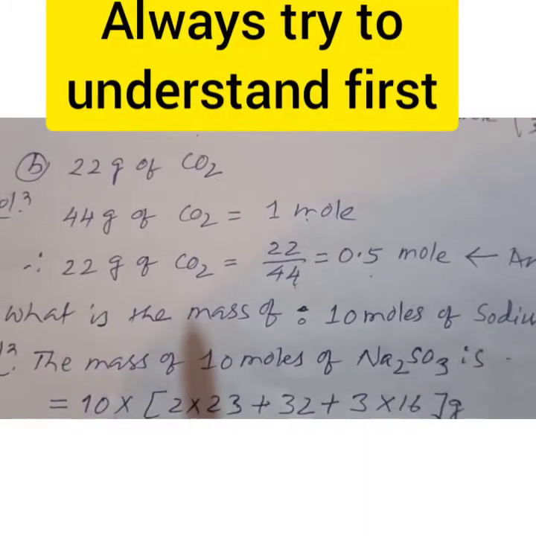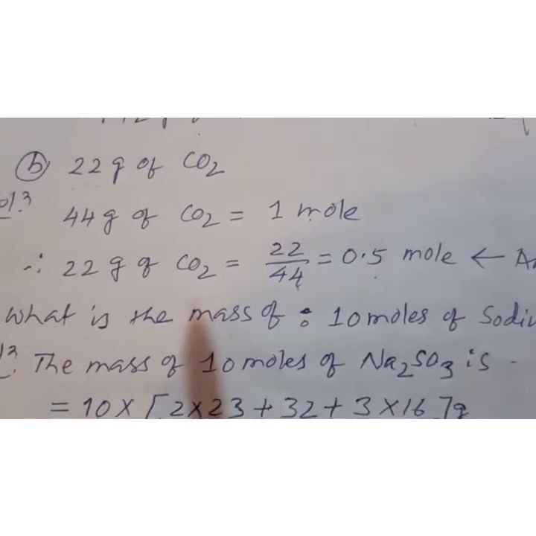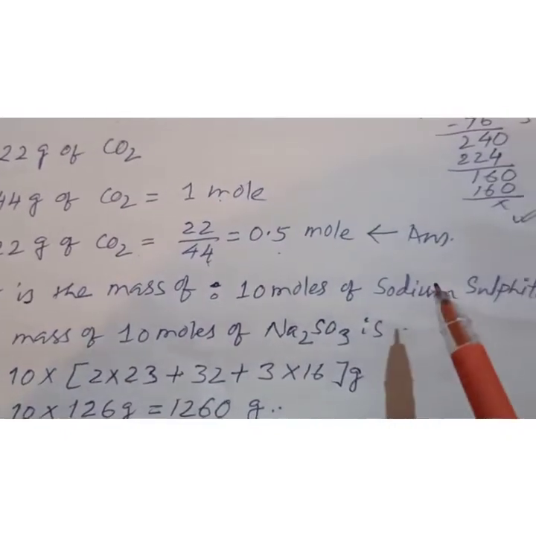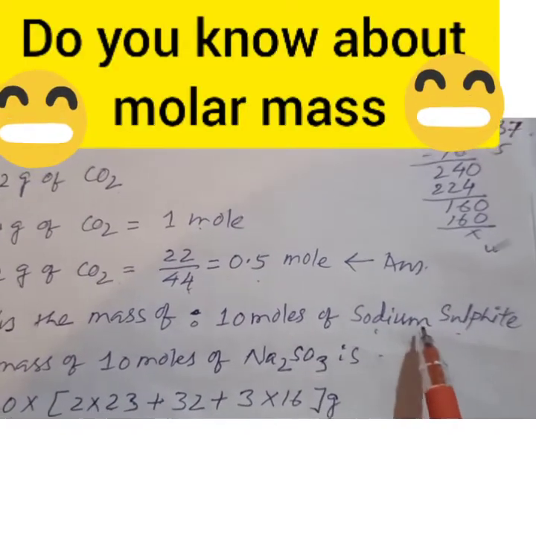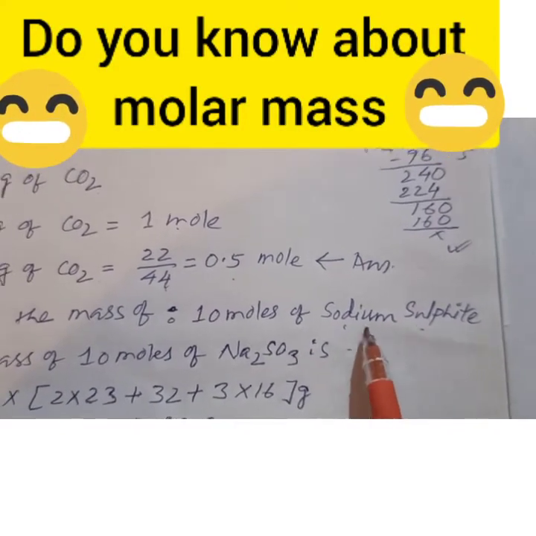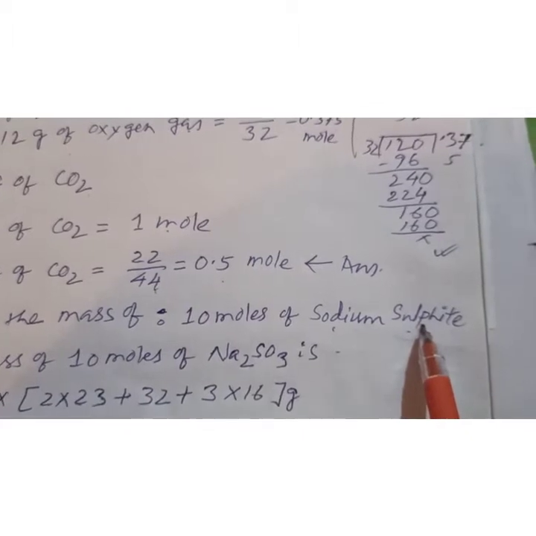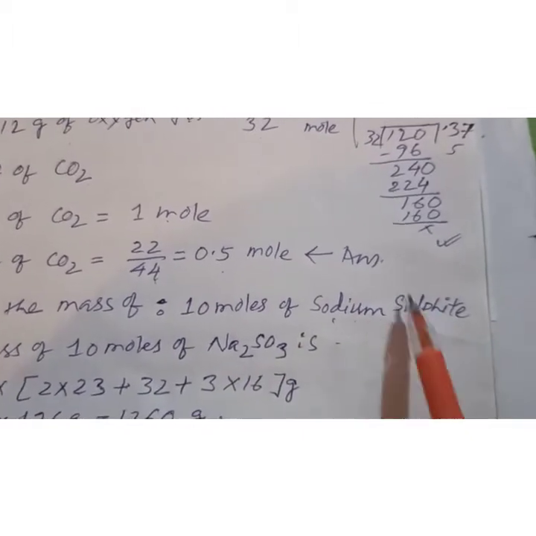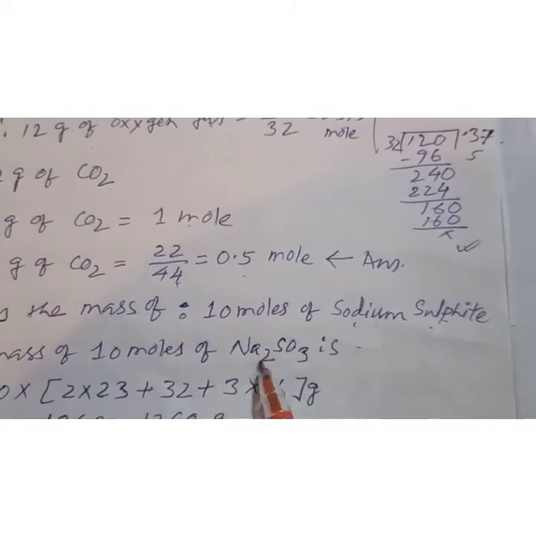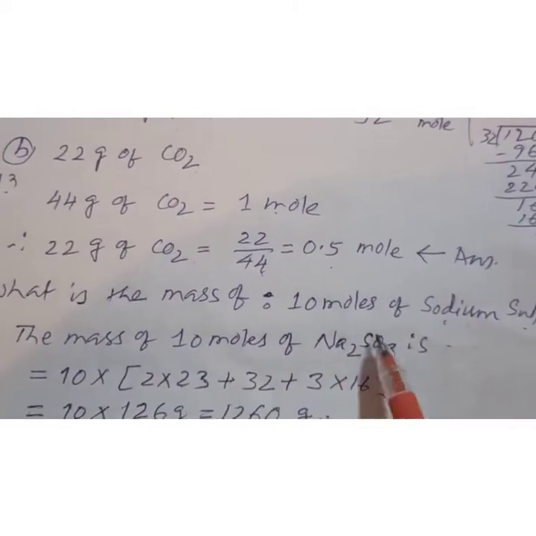Now it may come as a short question. What is the molar mass of 10 moles of sodium sulfite? You should know the formula of sodium sulfite. So we know this is Na2SO3. From the formula it is very easy to find out.